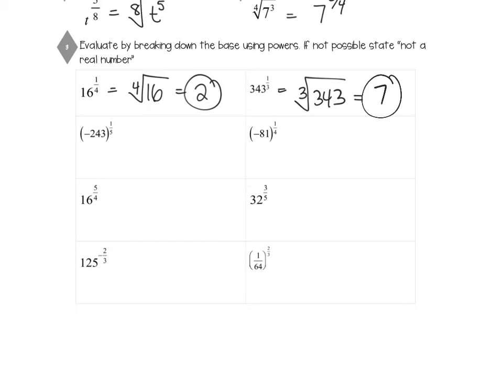In the next one, they ask for the 5th root of a negative number. So if I rewrite this, this would be asking for the 5th root of negative 243. And it's important to note that you can actually take the 5th root of a negative number because of the fact that 5 is odd. So if you have an odd root of a negative number, it can be done because you can get a negative number out of that.